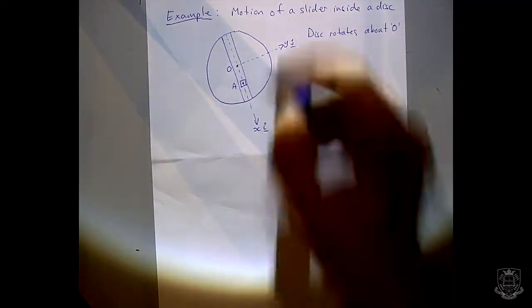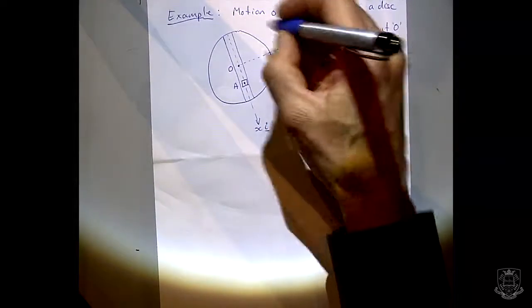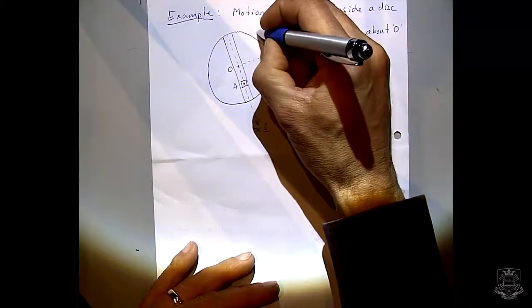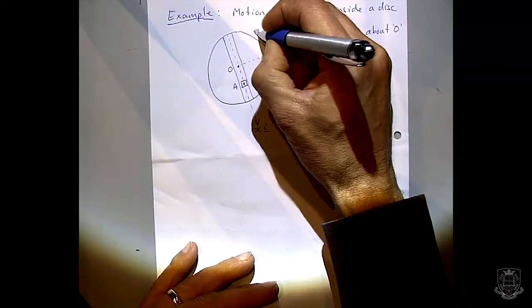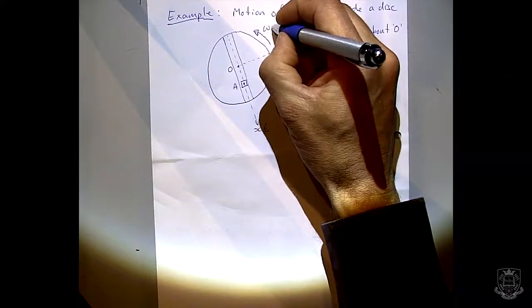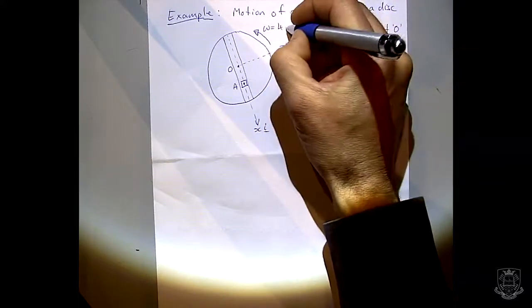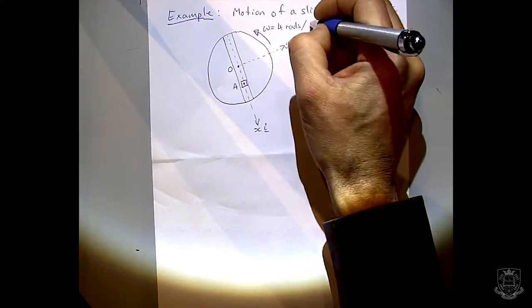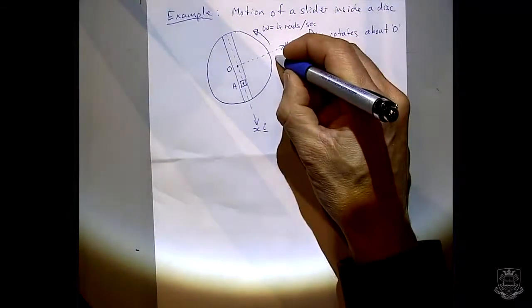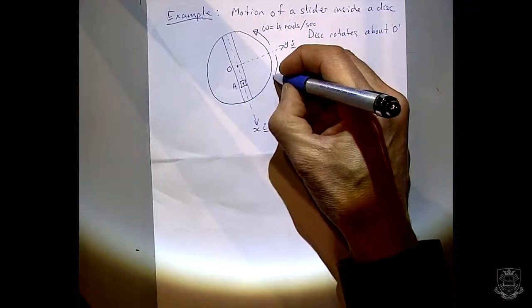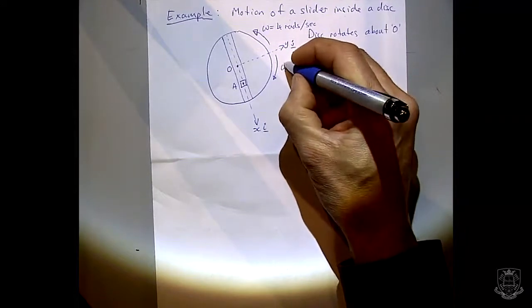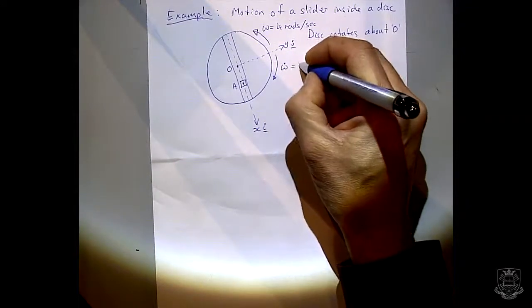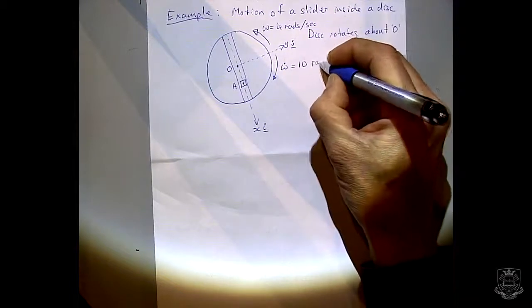And we're given some more information as well. We're given the angular velocity, omega, which is 4 radians per second. And we're given the angular acceleration, omega dot, which is equal to 10 radians per second squared.